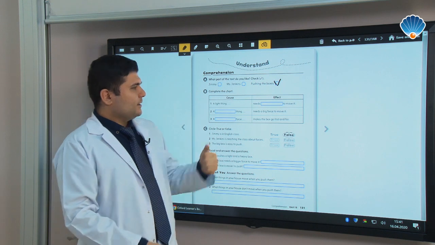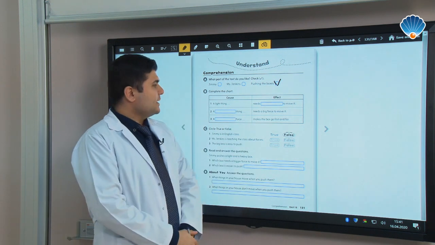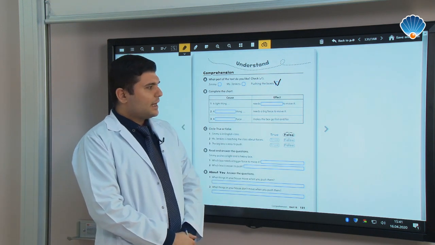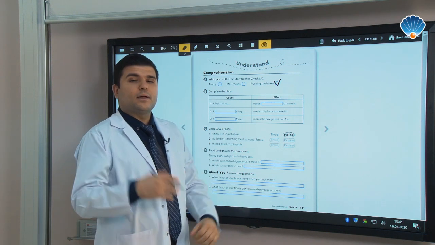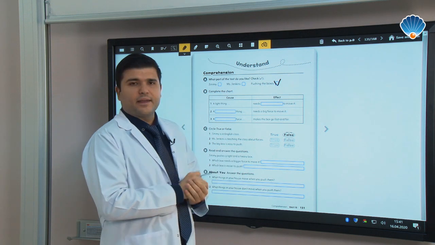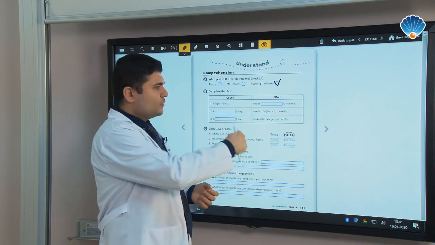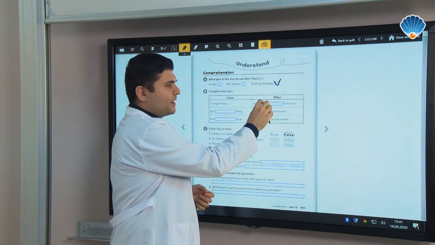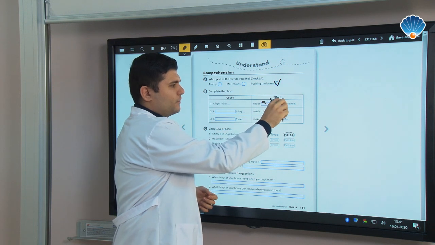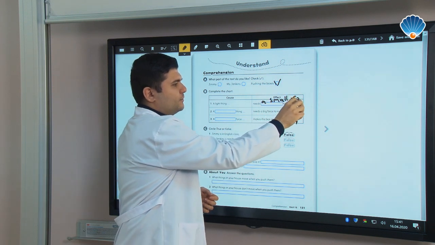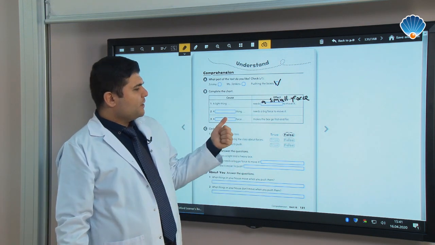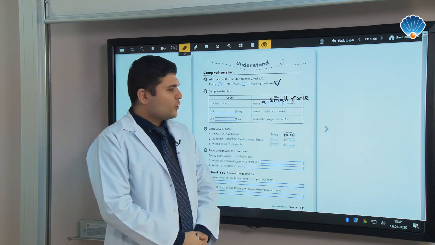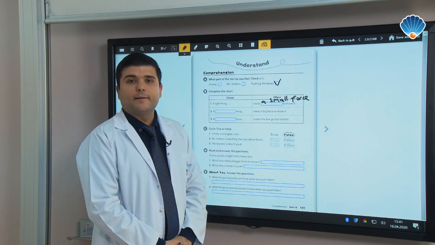So the answer, we have cause and effect. So it says a light thing, blah blah, needs blah blah to move it. So what do you need to move light thing? So of course, a light thing needs a small force to move it, right? And a blah blah thing needs a big force to move it.